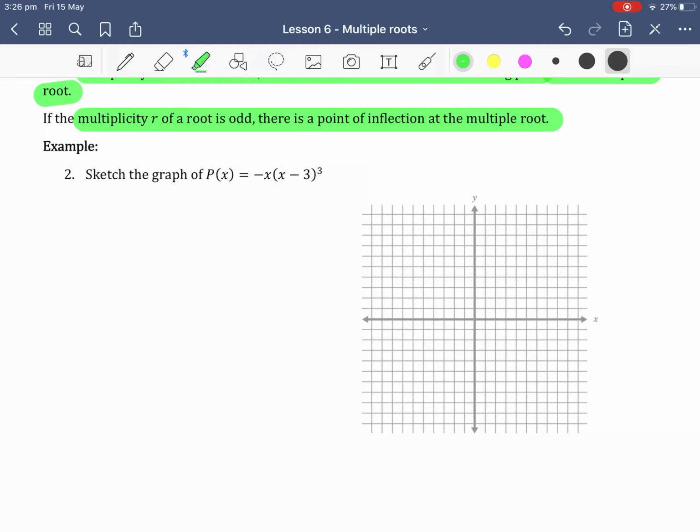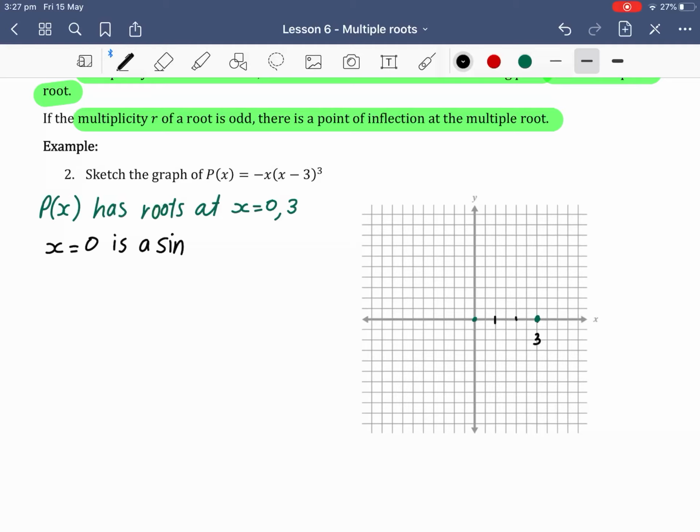P(x) has roots at x equals 0 and x equals 3, so they're our x-intercepts of 0 and 3. x equals 0 is a single root because there's no power on that x.